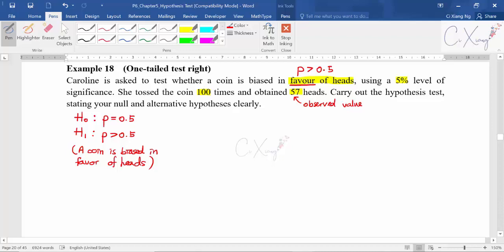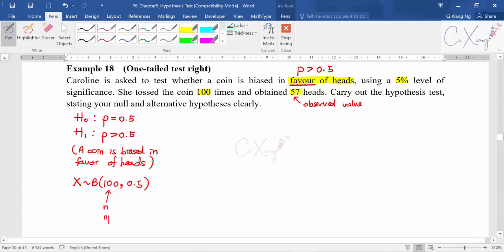For the second step, as in our previous video, you need to calculate the p-value. How to calculate the p-value? You write out X is binomial distributed, with n is 100 and probability is 0.5. You will realize that n is large, n is more than 30.